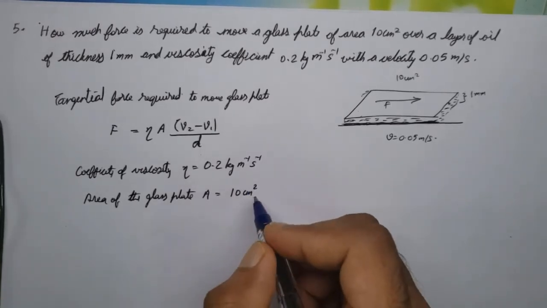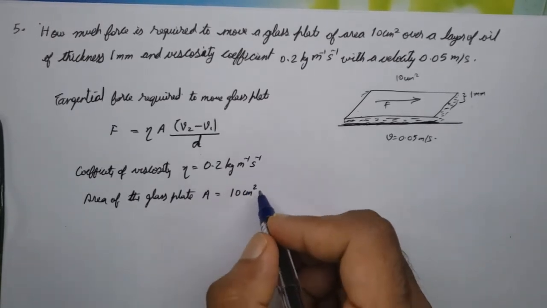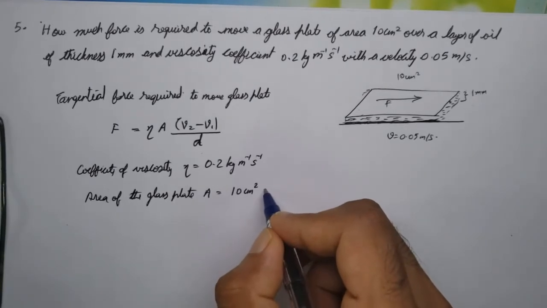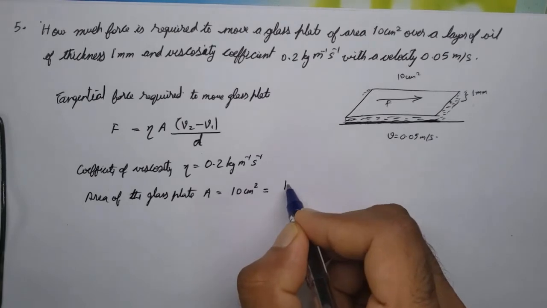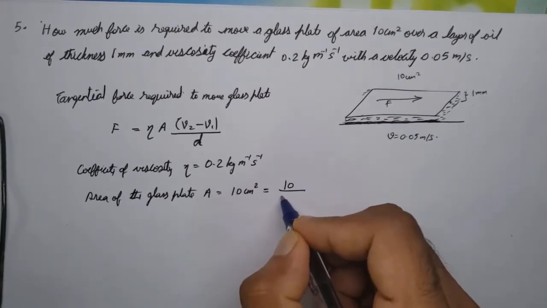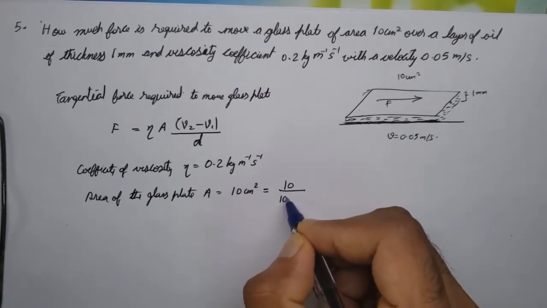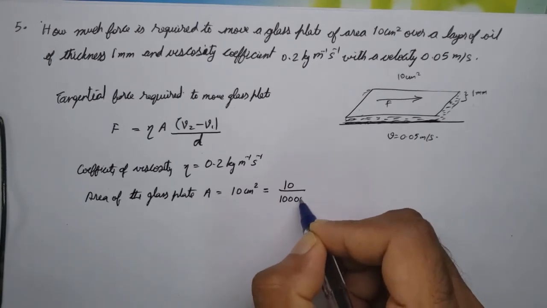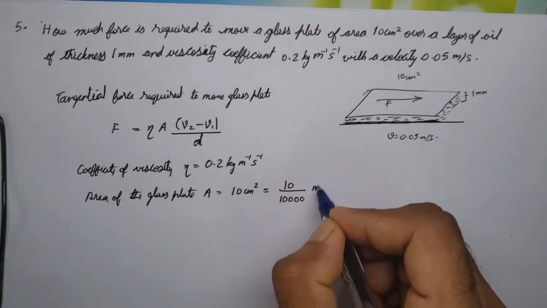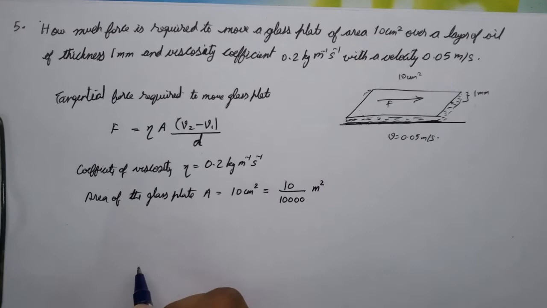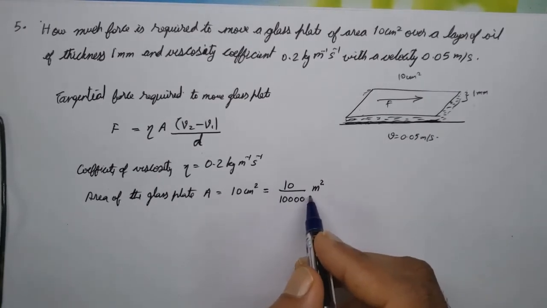So you want to convert that into meter square, then it should be 10 divided by 100 into 100, that many meter square, is the value.